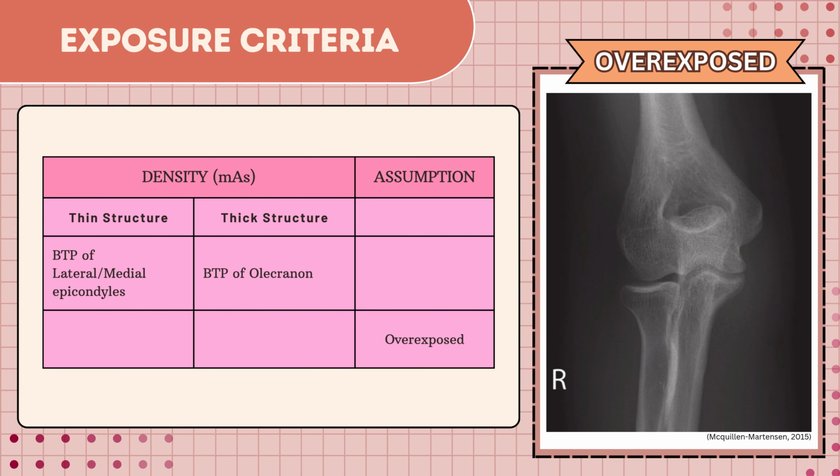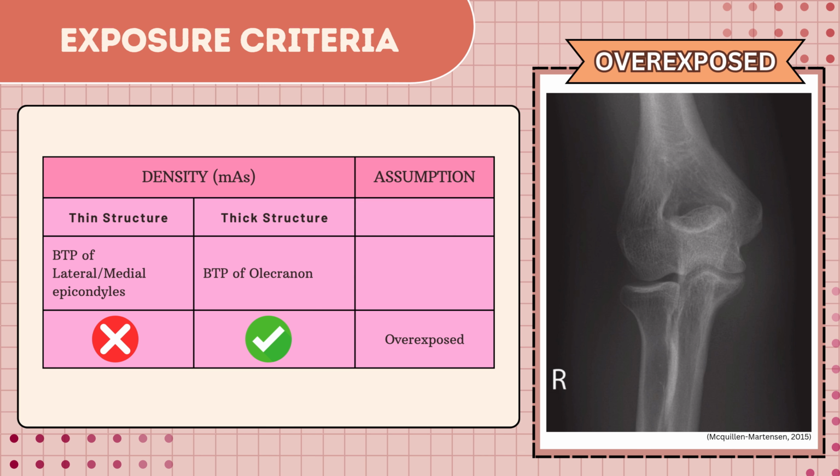There are also other scenarios of exposure criteria, where the radiograph could be overexposed, underexposed, overpenetrated or underpenetrated. For this radiograph, by evaluating the density, the BTP of thin structure, which is lateral or medial epicondyles, cannot be seen, while the BTP of thick structure, which is olecranon, can be seen.